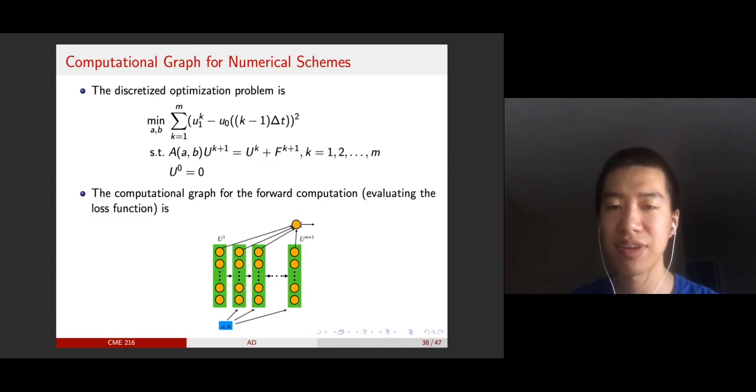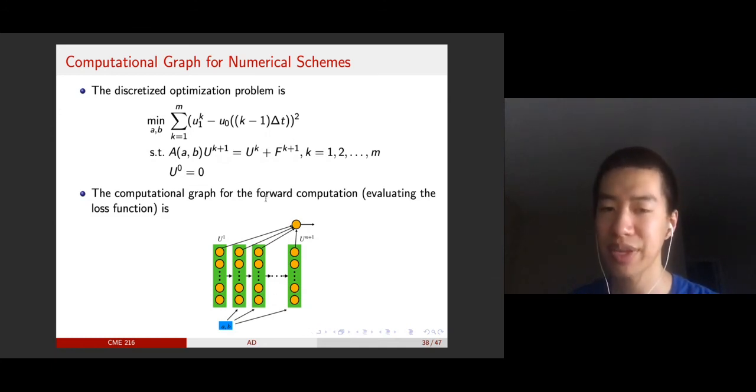And finally, this node is the objective function node. For the objective function, it will take values from the output of U1, which is the first output of each time step, and aggregate them and output the total discrepancy using square sum. And this is the computational graph for the computation.